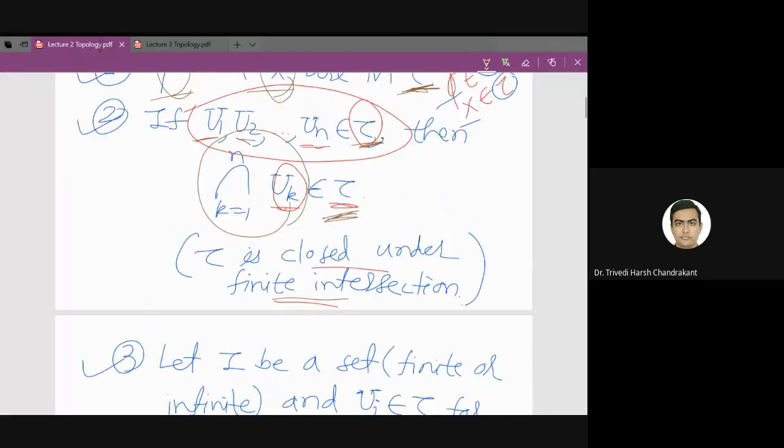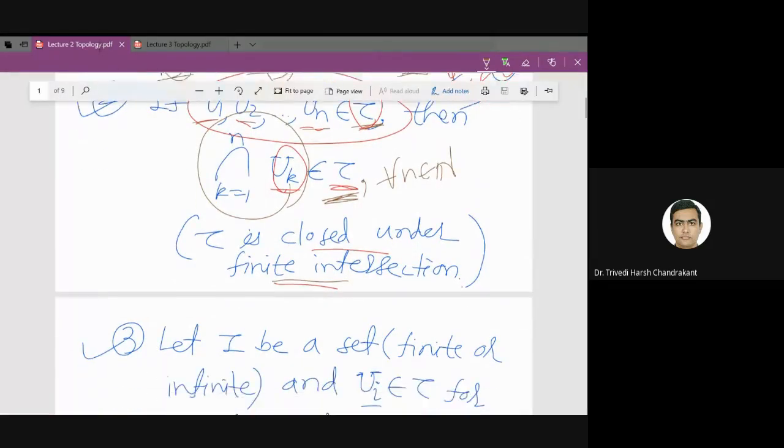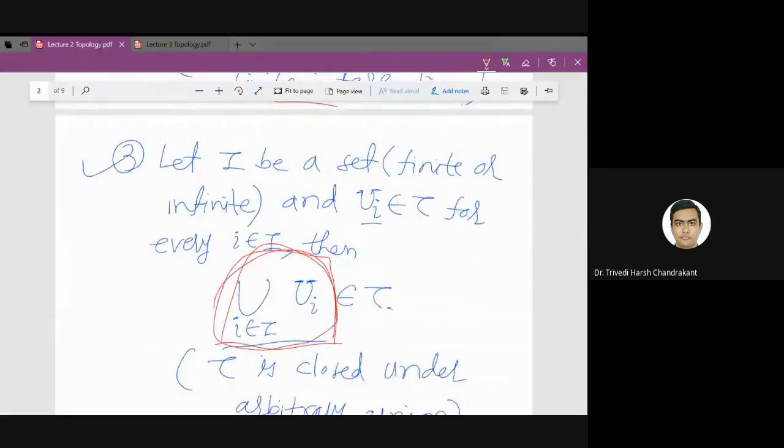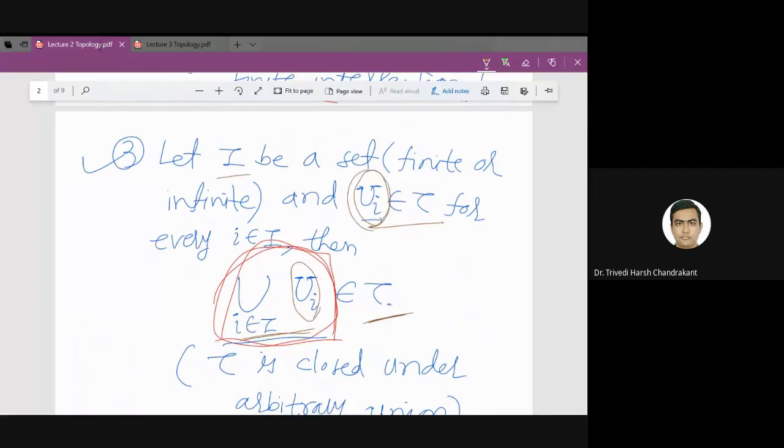So basically this should be true for all n. And the third condition is that you take any arbitrary collection of elements of tau. When we take its union, then if each of ui belongs to tau, then the union also should belong to tau. That means tau is closed under arbitrary union. Arbitrary union means we are taking an arbitrary collection of elements of tau.